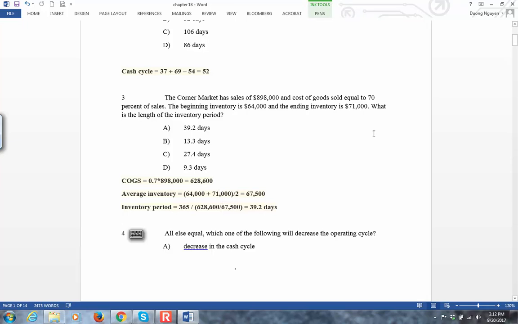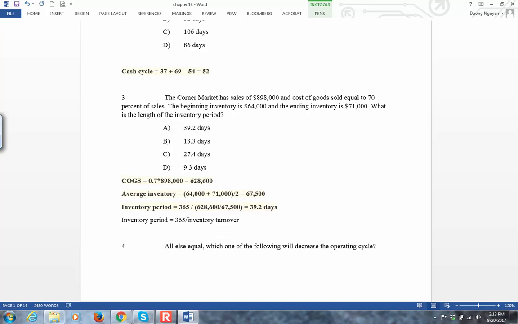The formula for inventory period is equal to 365 days over inventory turnover. And you know that inventory turnover is equal to cost of goods sold divided by average inventory.